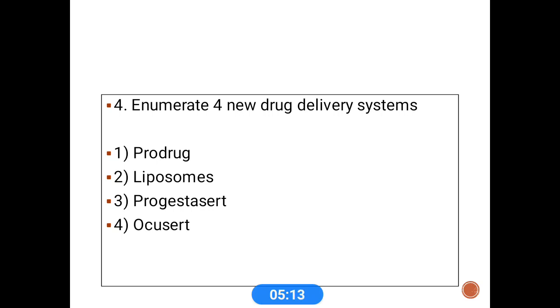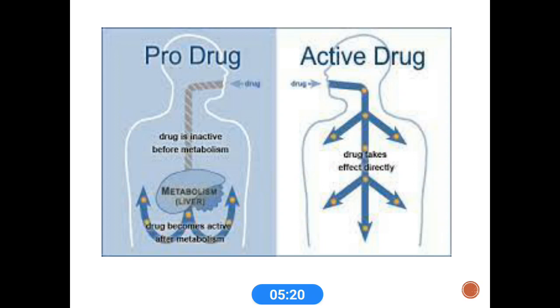Some examples are prodrugs, liposomes, progestasert, and ocusert. Prodrugs: basically these are pharmacologically inert, inactive compounds. But when they undergo biotransformation or enzymatic cleavage, they form the active compound, and that active compound shows the pharmacological action. That is the prodrug.